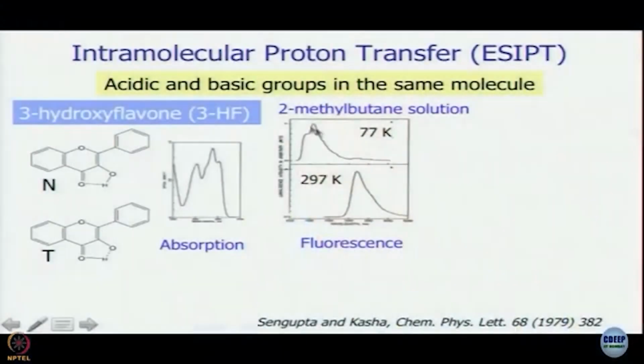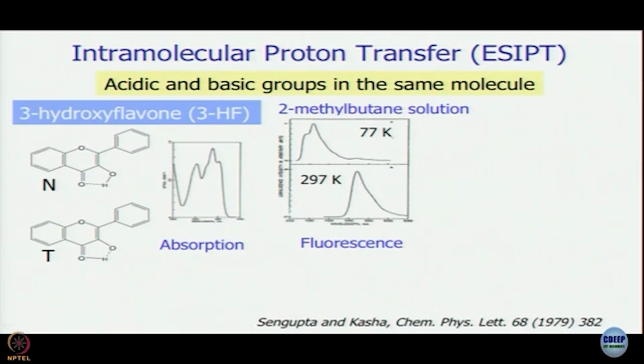If this is the ground state, the emission at 77 Kelvin is due to the corresponding locally excited state N star, and at room temperature, the Stokes shifted one is due to the proton transferred tautomeric state.